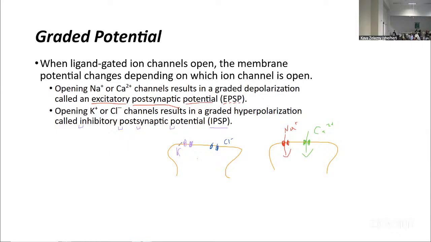Okay. So in this case, we know potassium is positive, and we know it wants to leave the cell. So if it has this channel open, it leaves the cell, taking that positive charge with it, and we're getting more negative, hyperpolarization. Chloride ions kind of stabilize our membrane potential a little bit, but in this little drawing, I put, imagine them going in, bringing more negative charges with it.